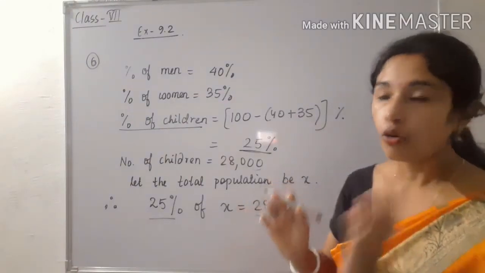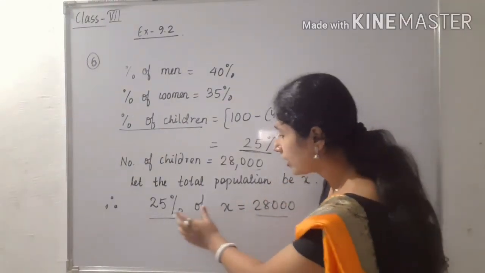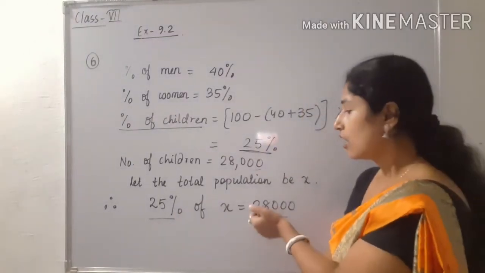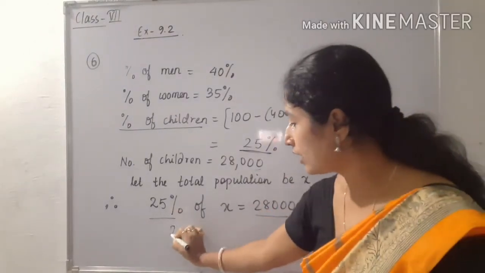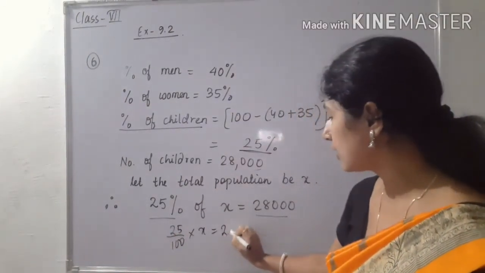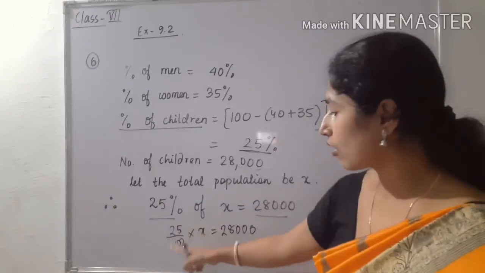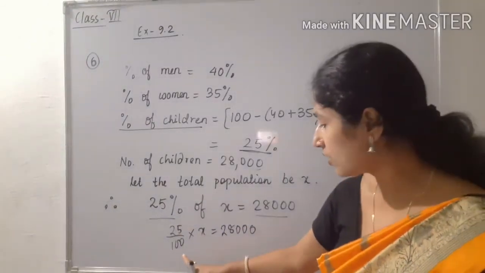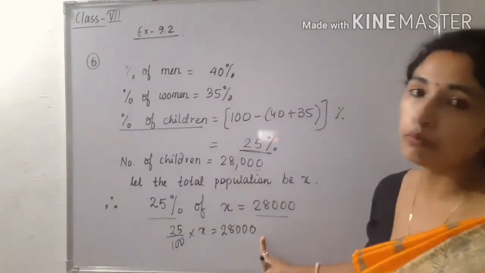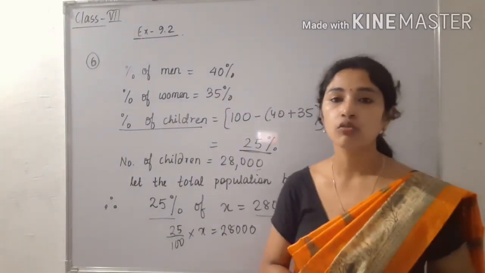That means out of this total population, 25% are children, and this is the number of children. Now you can easily solve. 25% can be written as 25 by 100 into X is equal to 28,000. So you can cancel it out. This will become 4 in the denominator. 25 4s is 100. When you transfer 4 to that side, it will get multiplied. So that will be the total population.